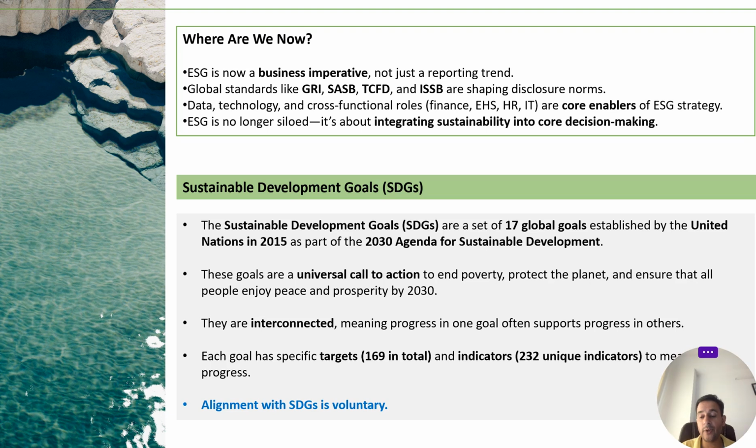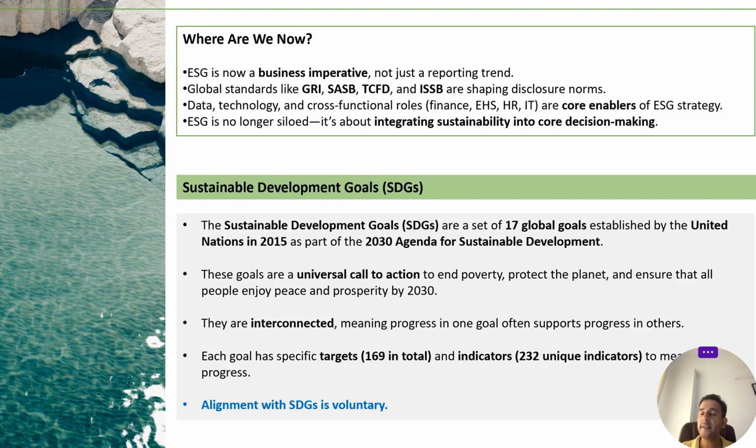We will have a look at all these goals, and you can very easily map them with E, S, and G. Some of the goals are in environmental areas. Some of the goals are social centric. Some of the goals are governance related, or partnerships related.